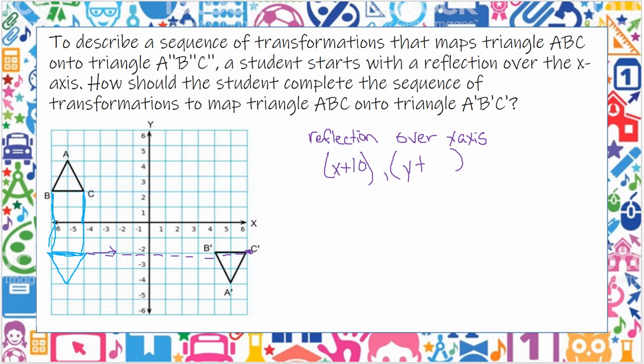We do not have to move this up or down any. So it was 0. If it was like down a spot, we would say -1 by the y, but it was not. So this one was x plus 10 and y plus 0.